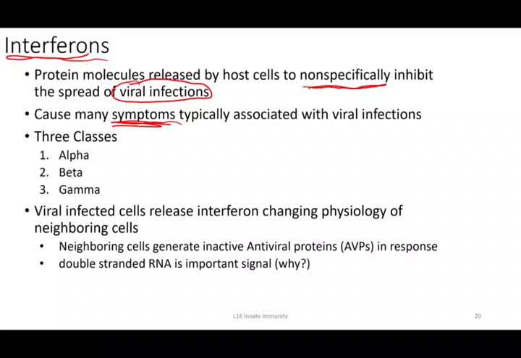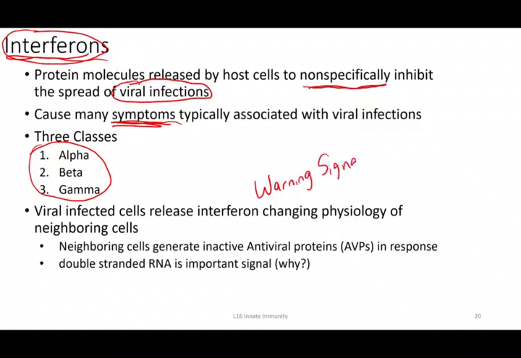There are different categories of them. They're named for the Greek letters alpha, beta, and gamma, but we're just going to learn them collectively as interferons. Okay. So it does get more complicated than the way we're doing it, but we're just going to look at interferons in general. And what they're going to do is, you can think of interferons as basically a warning signal of sorts.